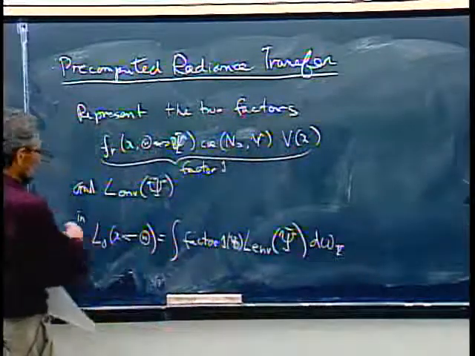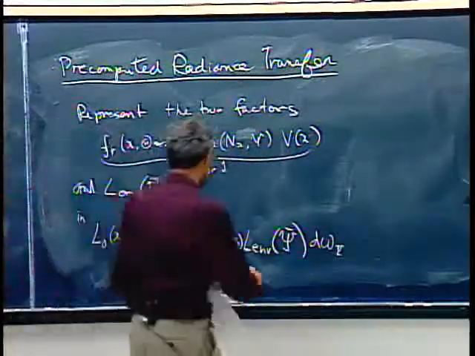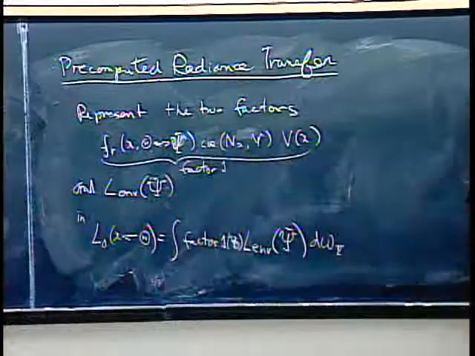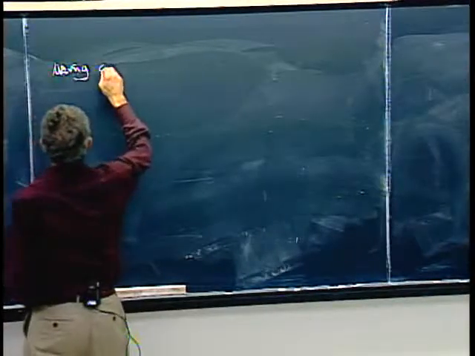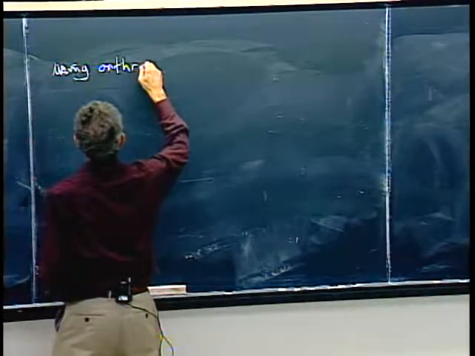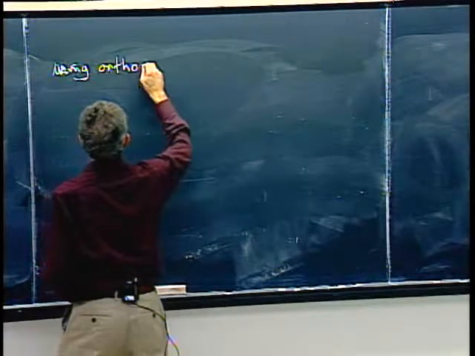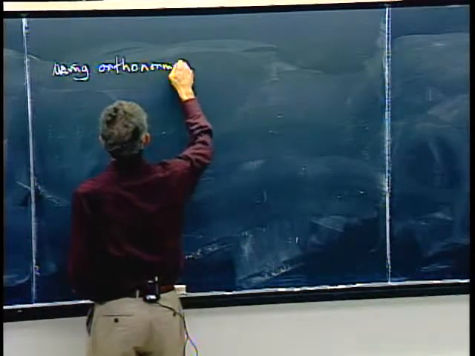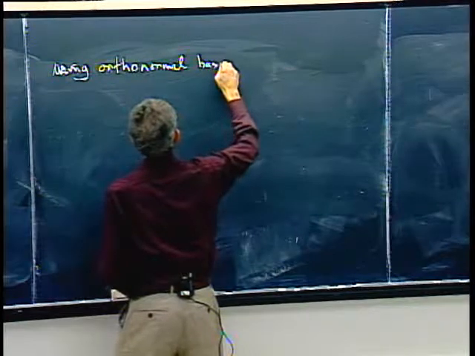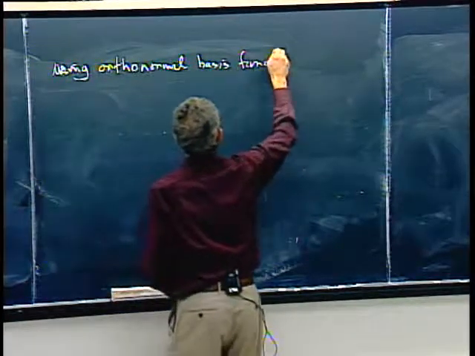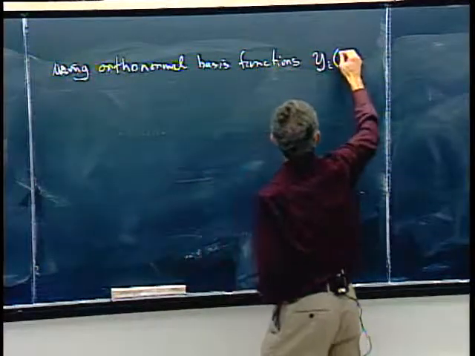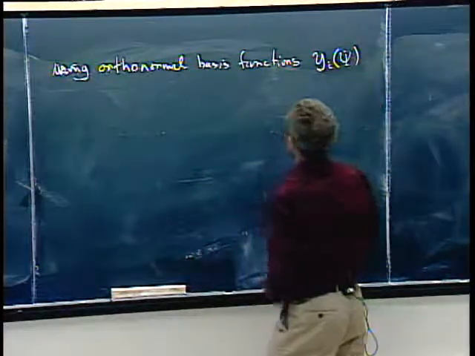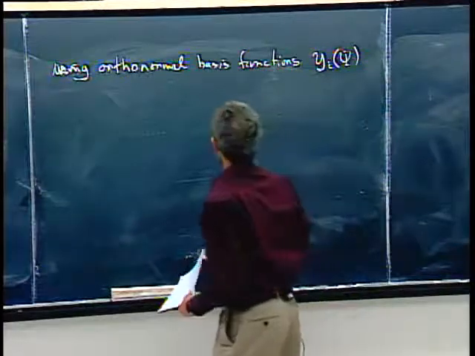So each of these factors is supposed to be represented using orthogonal basis functions. Why don't I say using orthonormal basis functions, y sub i of angle. So what does that mean?